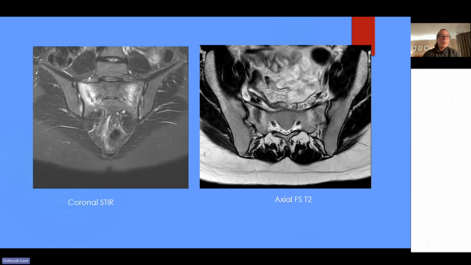This is your sacrum on the front. You can see the fluid sequences coming up bright, and again, you can see the changes within the bony edema here. There's your sacroiliac joint on the side, sacroiliac joint on the side. That's your sacrum, and then these are your iliac crests going out the side.